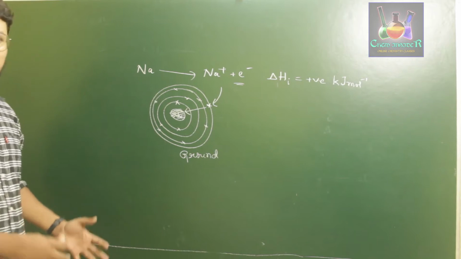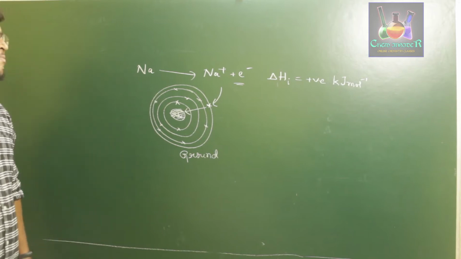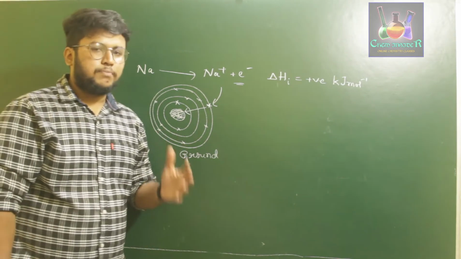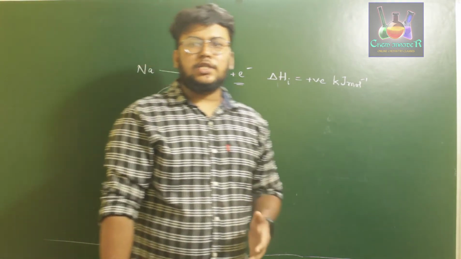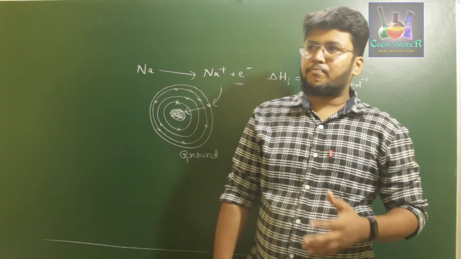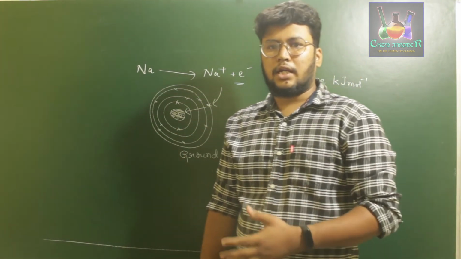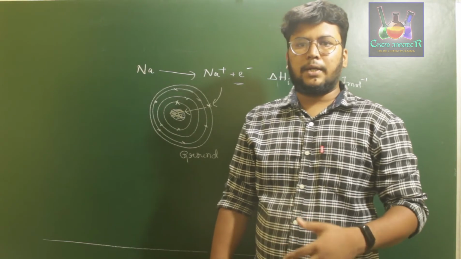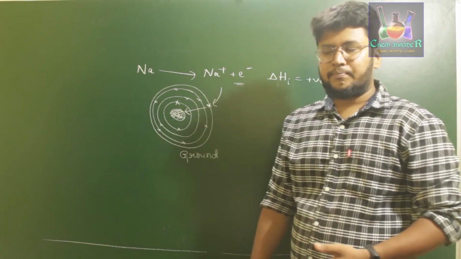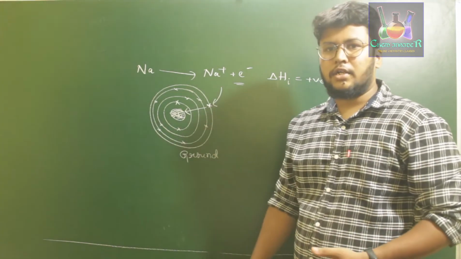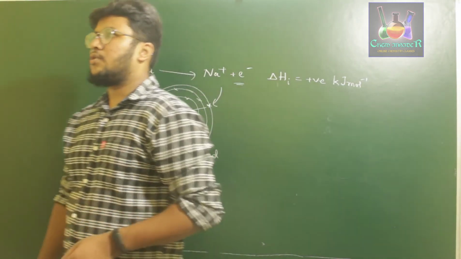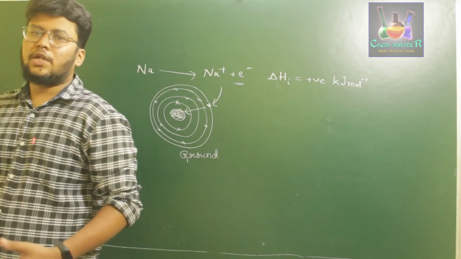Now, what is the definition of ionization enthalpy? Ionization enthalpy is the minimum amount of energy required to liberate an electron from its nuclear charge attraction from an isolated gaseous atom. Why an isolated gaseous atom?